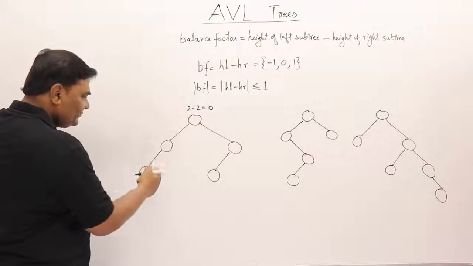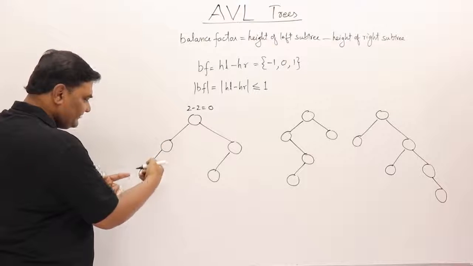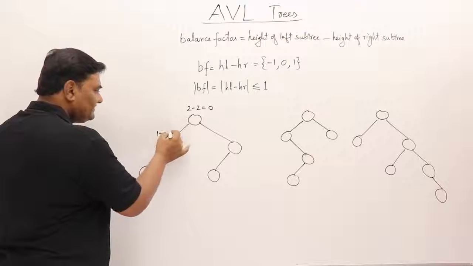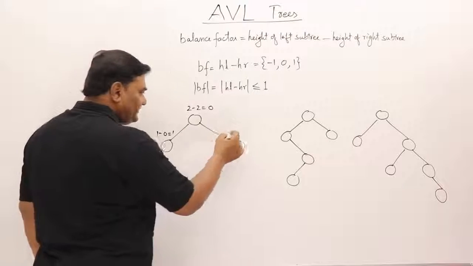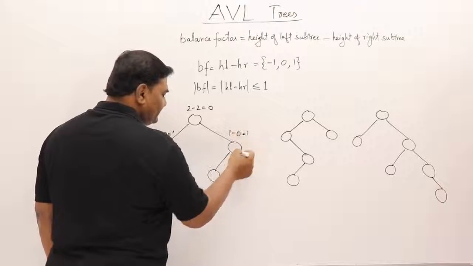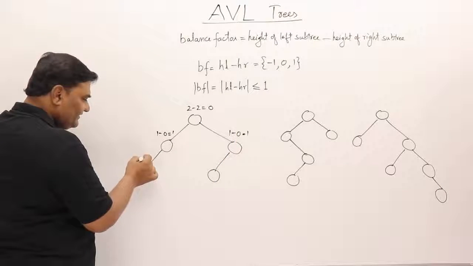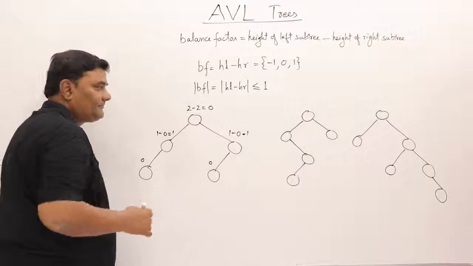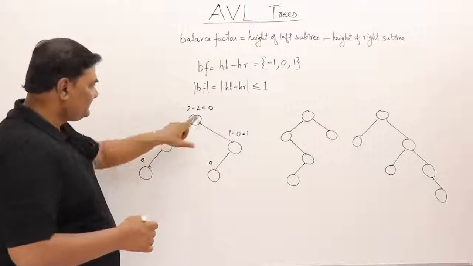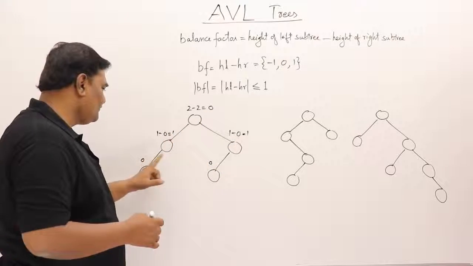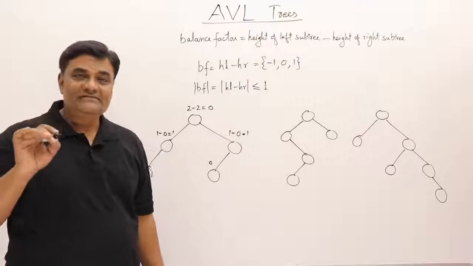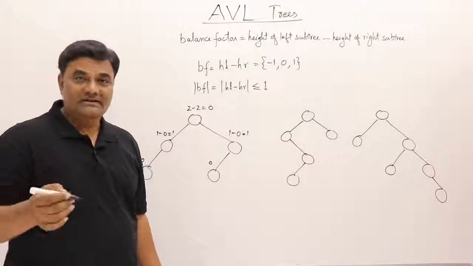Same way, for this node, the longest distance on the left side is 1. And on the right side there is nothing, so 0. 1 minus 0 is 1. And for this one, left side it is 1, right side it is 0, so this is also 1. And there is nothing on left and right, so it will be 0 only. So for all the nodes, we got the balance factors as 0, 1, 1, 0, 0. These are within this set only, so this tree is balanced because every node is balanced.